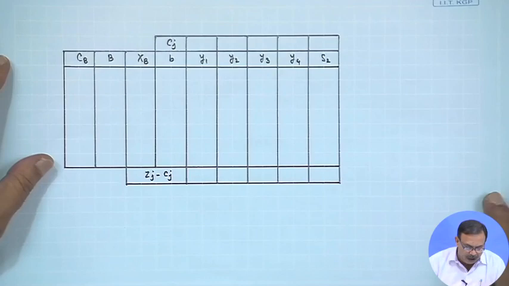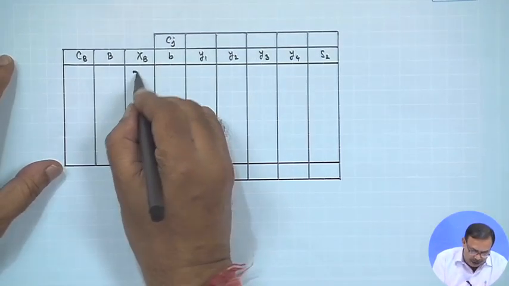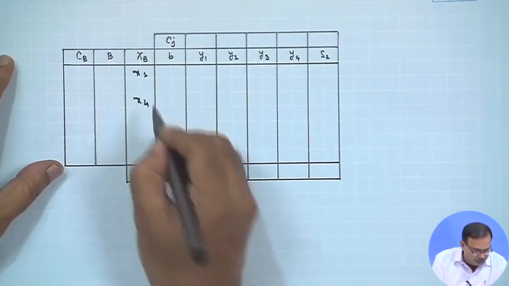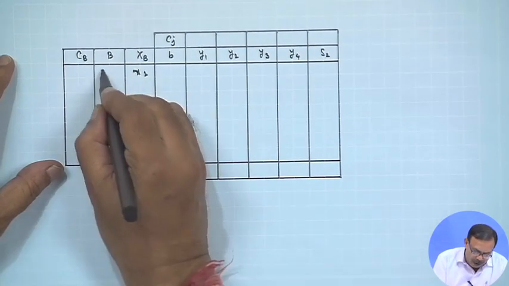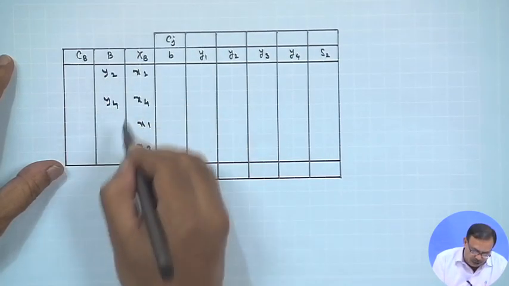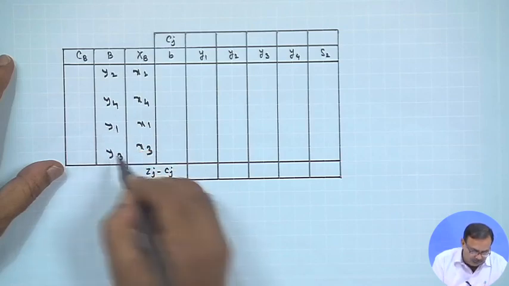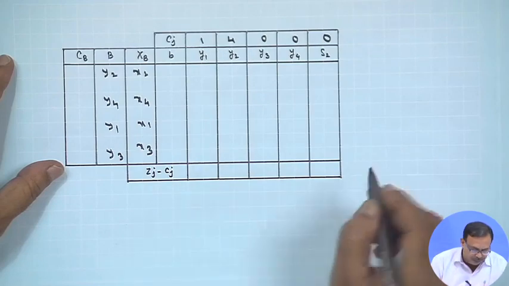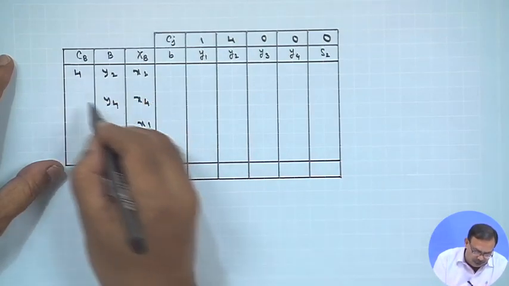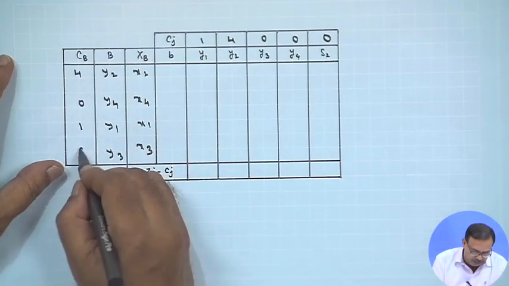So in the next table, what happens? You have x2, x4, x1 and x3 now, so y2, y4, y1 and y3. The values are 1, 4, 0, 0 and 0. CV values are 4, 0, 1, 0.